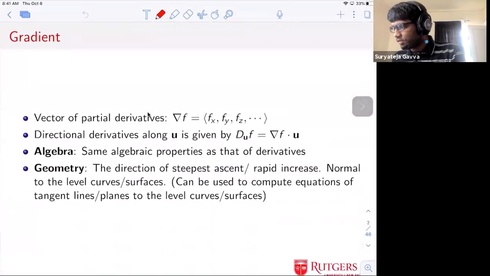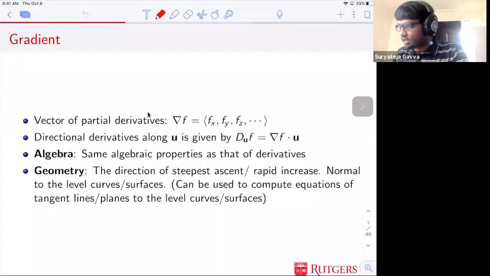So in the last lecture, we saw what a gradient is. It's one of the most important quantities in this class and in mathematics in general. It's built out of the partial derivatives of a function. If you have f, a function of x, y, z, you collect all these partial derivatives, fx, fy, fz, and put them into a vector.